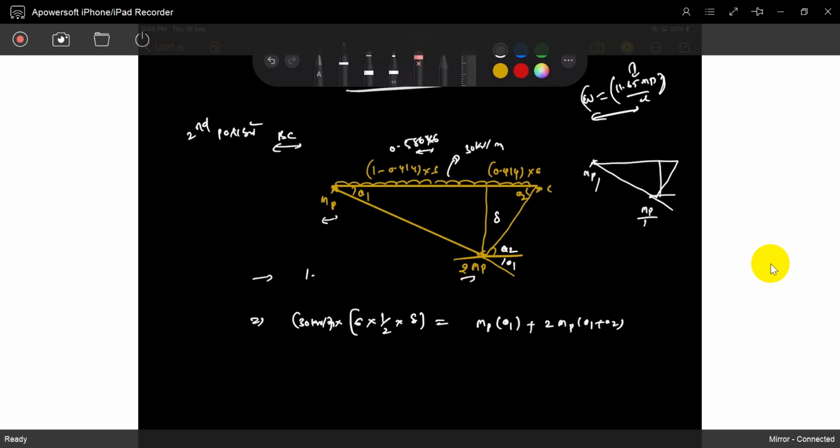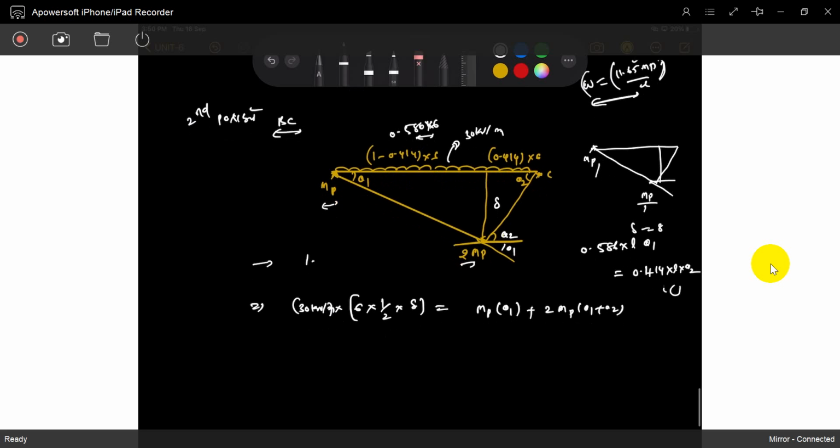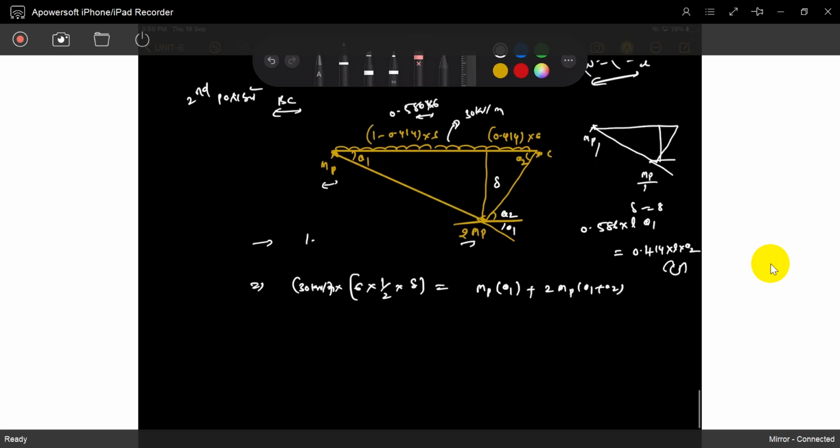So write down 0.586 L theta 1 is equal to 0.414 L theta 2. Exactly, delta is equal to delta. So theta 1 in terms of theta 2 you can write, and find out exactly MP.